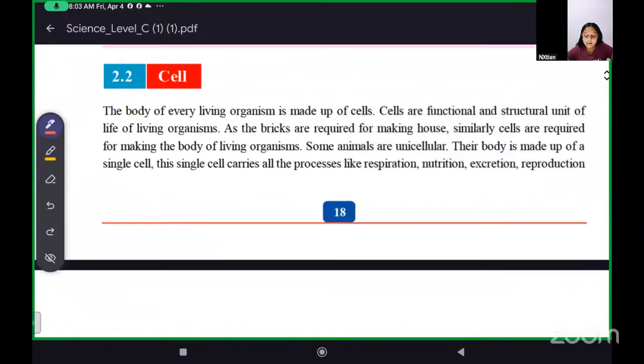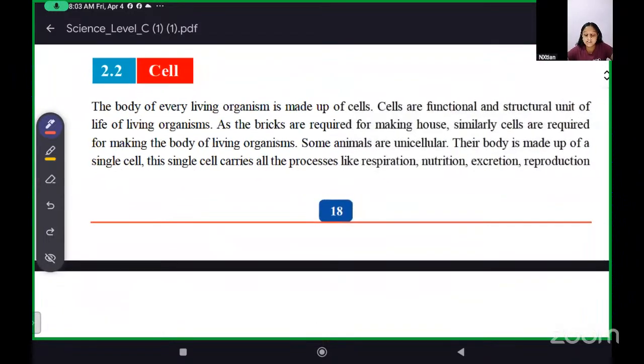Then comes a very important thing known as the cell. What is a cell? The body of every living organism is made up of cells. The cell is the building block of our body. When cells come together, they form an organ.